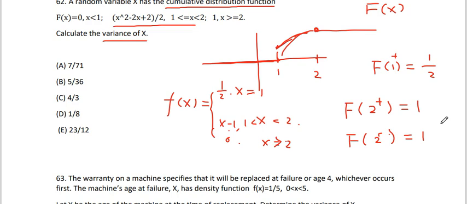So what is the expected value of x? Here x equals 1 with probability half, plus, from 1 to 2, x times the density function, which is x minus 1.